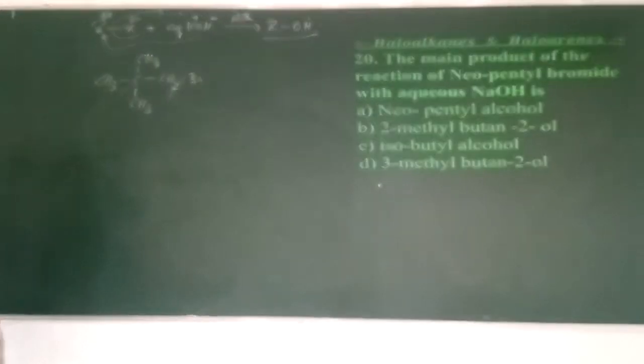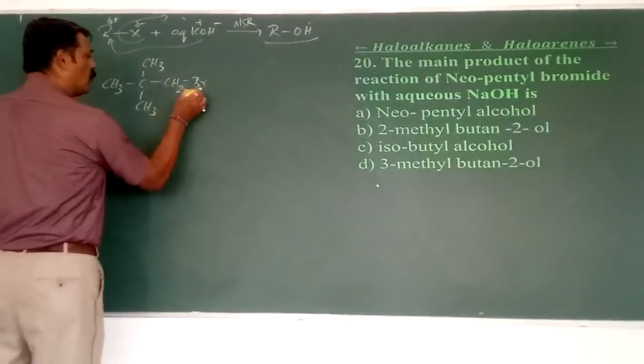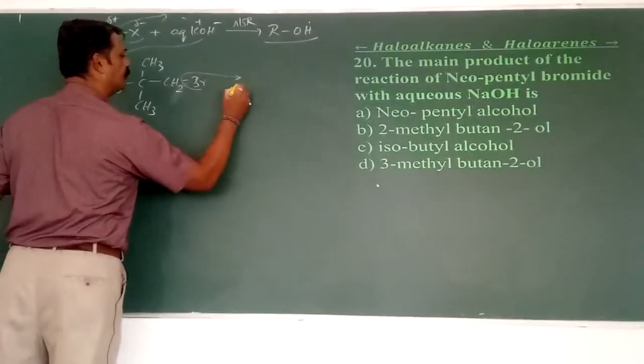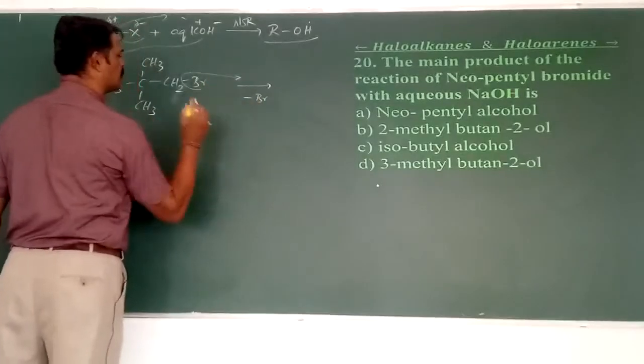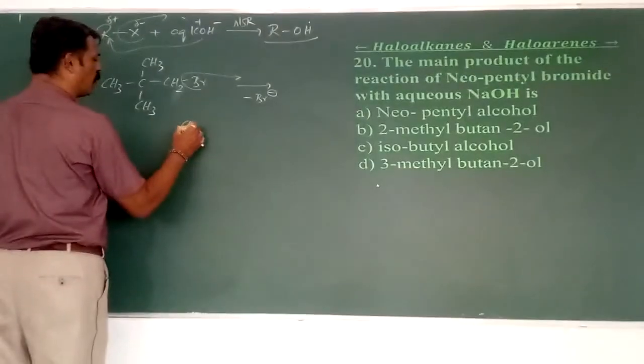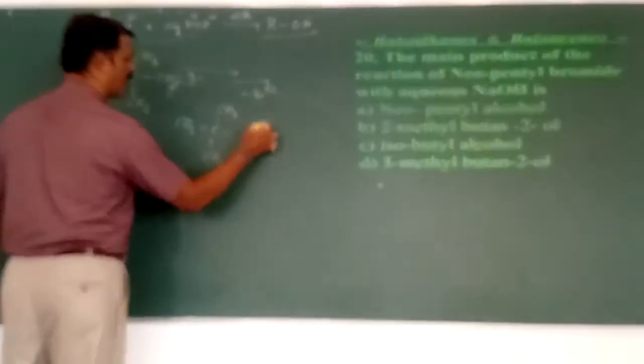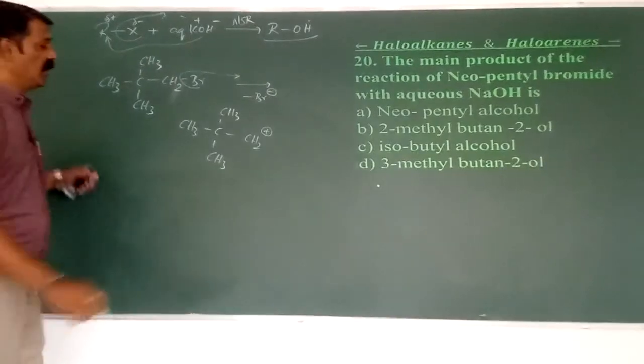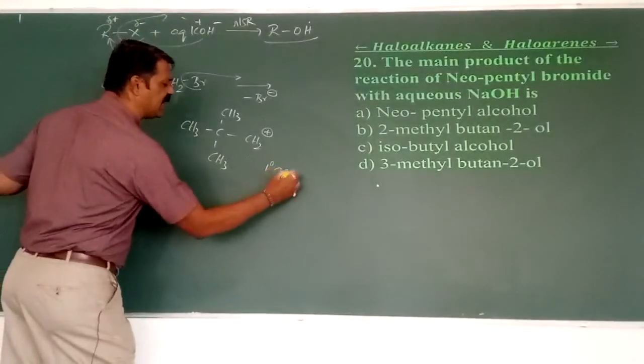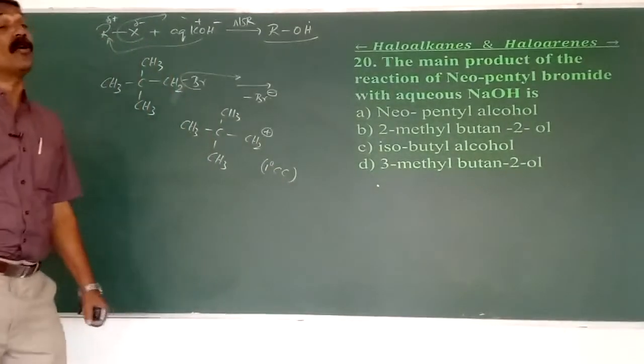Now, when I remove this Br minus, I am getting the carbocation like this. This is a primary carbocation.